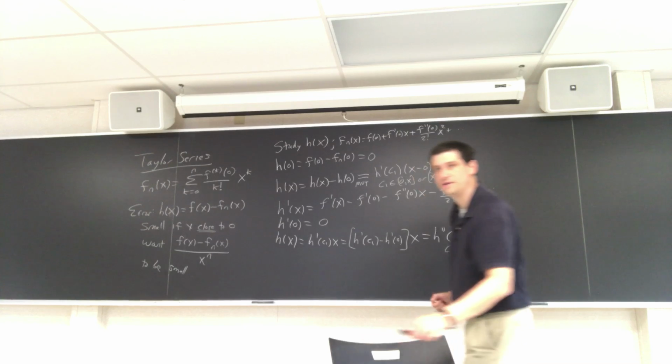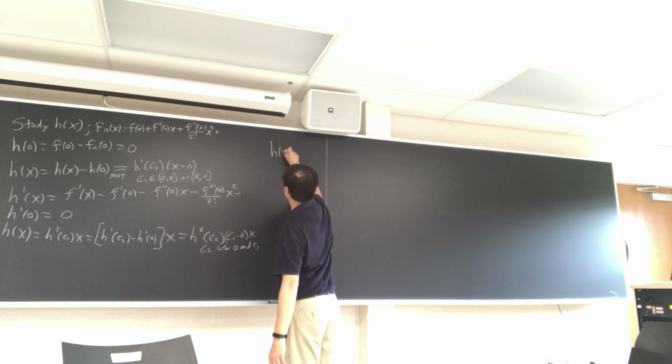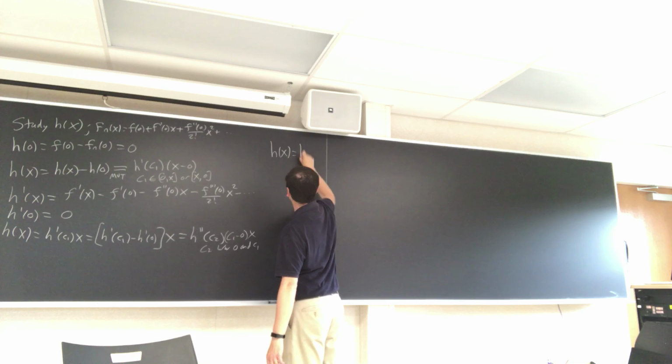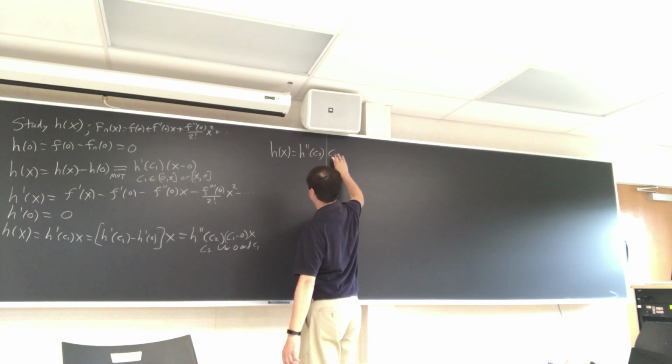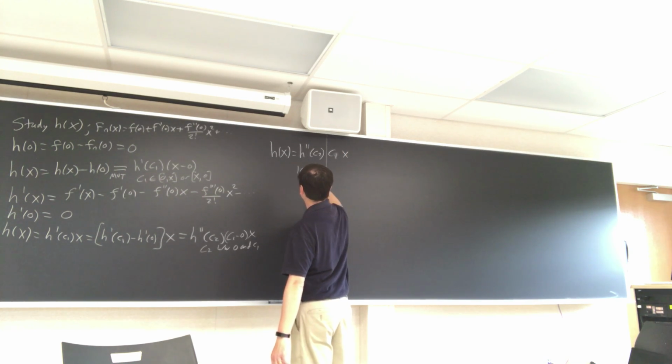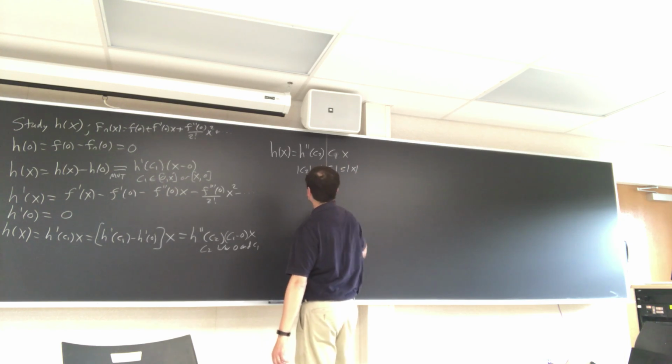So to recap what we have so far, we have h of x is equal to h double prime at some special point c2, c1 times x, where the absolute value of c2 is less than or equal to the absolute value of c1 is less than or equal to the absolute value of x.